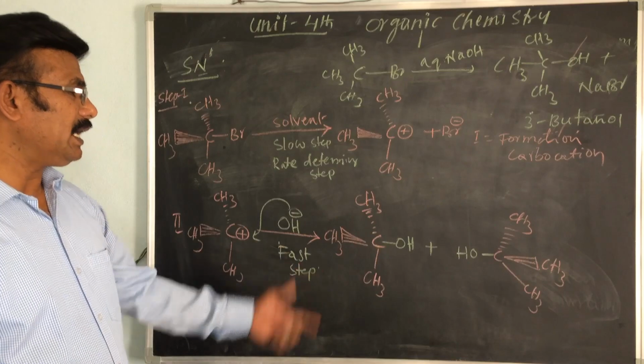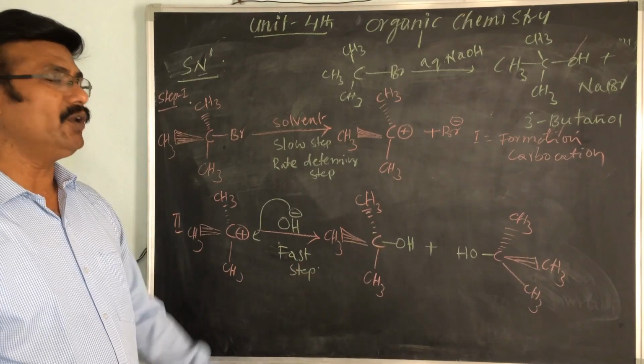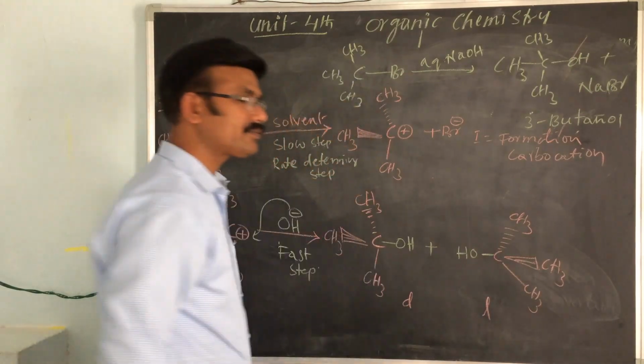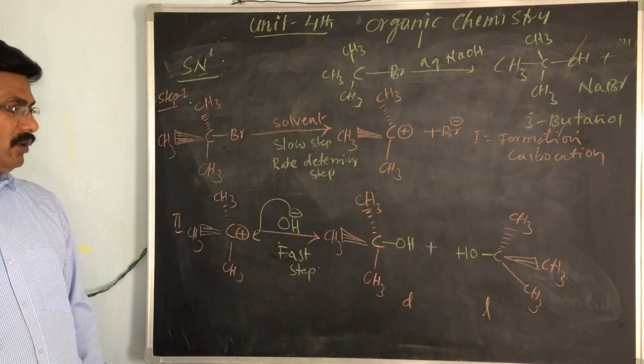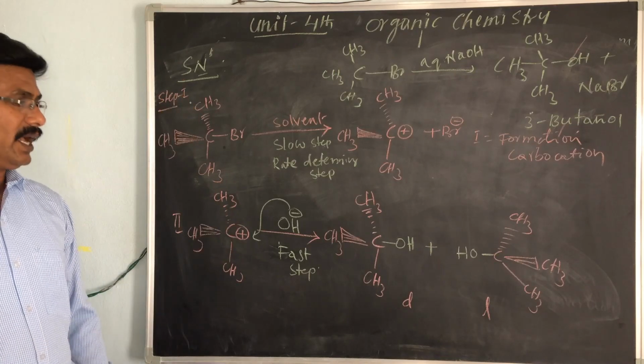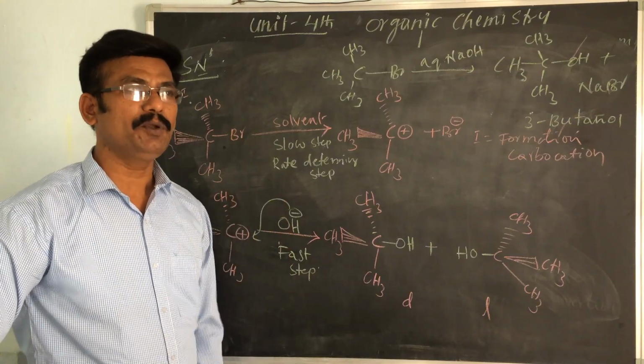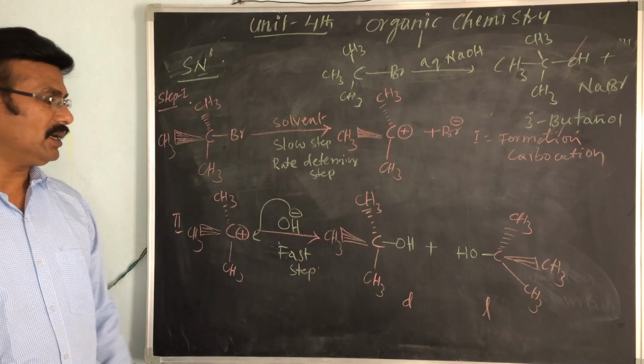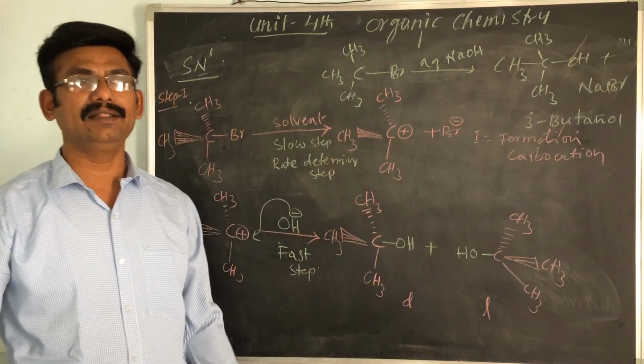Here an optically inactive racemic compound is formed, D and L both, whereas in the SN2 reaction only one pure compound is formed. Why? What is the reason to form the D and L in this reaction?